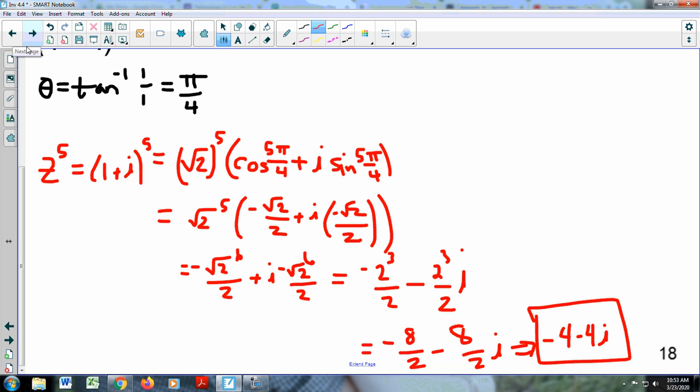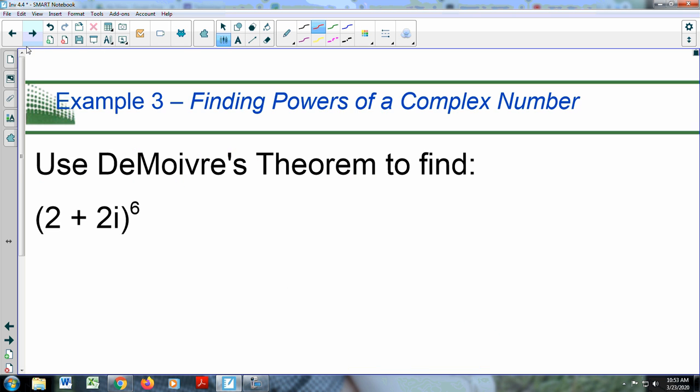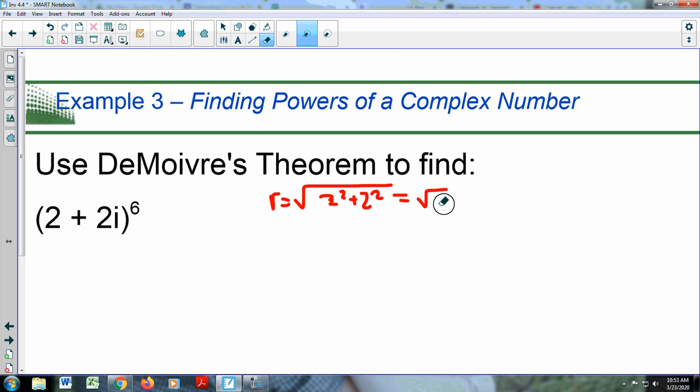One more of these. Last trig lesson of the year. We're going to use de Moivre's theorem to find 2 plus 2i to the 6th. I'm just going to start with the r value: 2 squared plus 2 squared, which is square root of 4 plus 4, which is square root of 8.